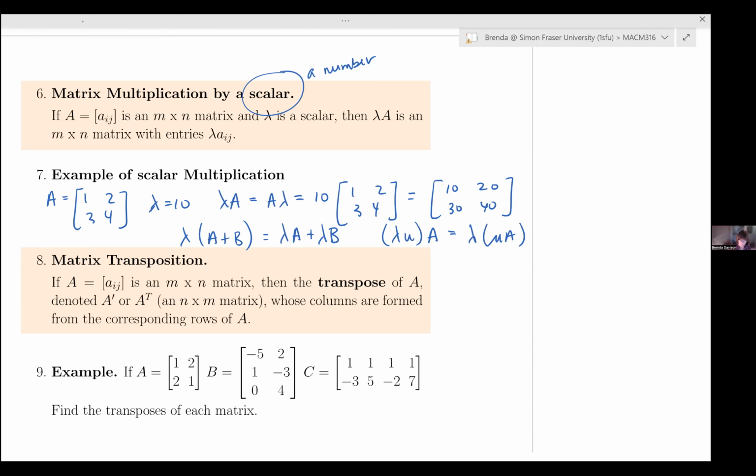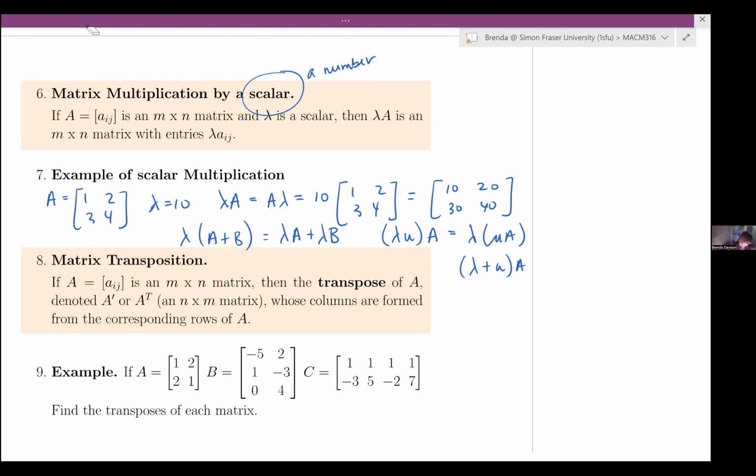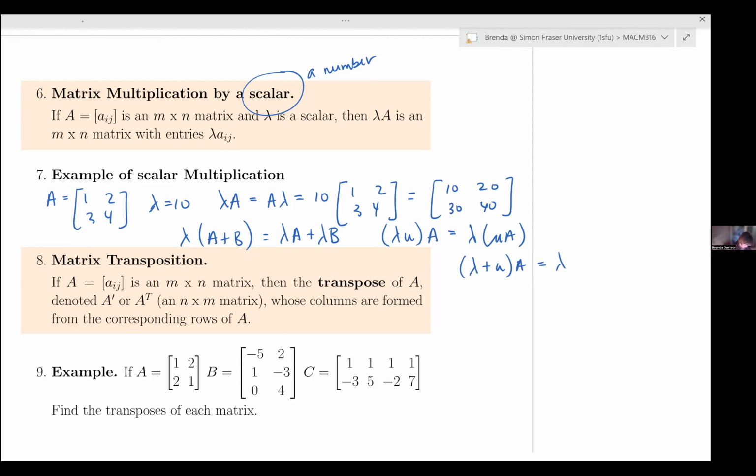So you can associate in either order, and then we also have this case where we have two scalars added together, multiplied by a matrix, and then that one looks like this. It distributes. And the scalar 1 times A is A. Okay, that's scalar multiplication.